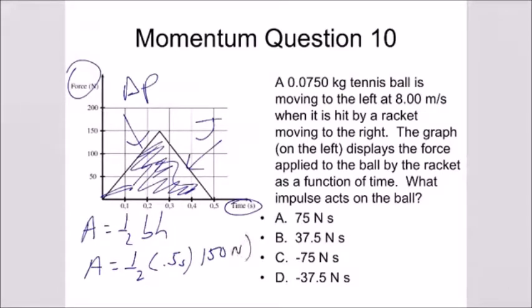So if we go 150 times 0.5 times 1/2, we end up with an impulse here of 37.5 newton seconds. And notice that's a positive number, because even though the ball is moving to the left, the force is pushing it toward the right. We get a positive force, a positive impulse in this case, and a positive change in momentum.